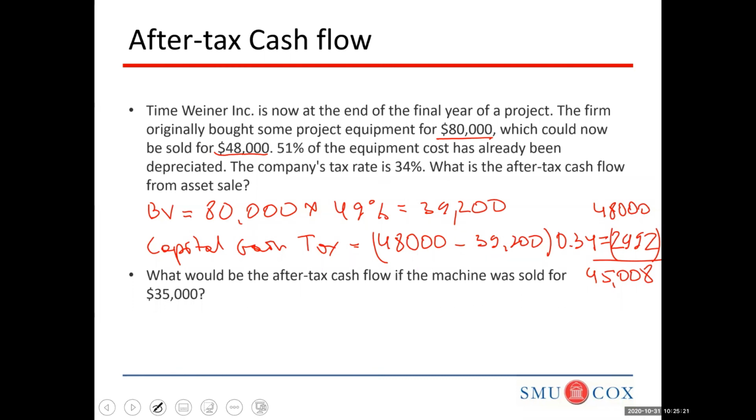So that is the after-tax cash flow. Does that make sense? How did you get the 49% from the book value? Well, the problem says it's 51% depreciated. So we've taken 51% as depreciation and 49% is left. Oh, gotcha. Thanks.